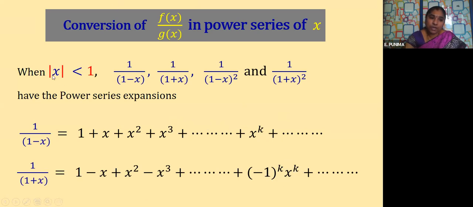And here we are using a condition: mod x is less than 1. What is the meaning of modulus? Already in the previous class, I told you, children, what modulus means. In the first year also you know about modulus. If you take any value within the modulus, even though it is negative, it is considered as positive.